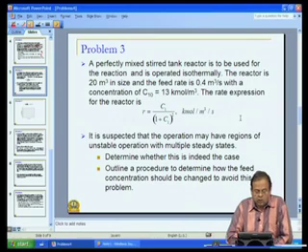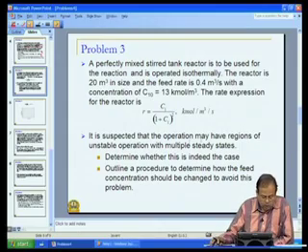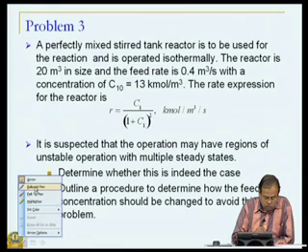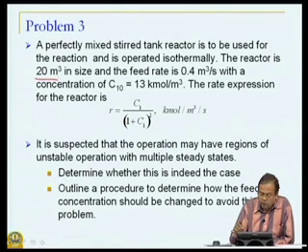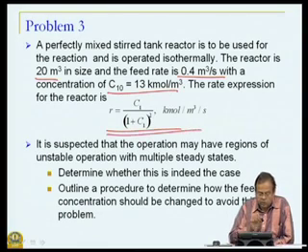That is, a perfectly mixed stirred tank reactor is to be used for a reaction and is operated isothermally. So, no temperature variations. The reactor volume is given. So, let us highlight the information that is given. The flow rate is given, the inlet concentration is given, and the rate expression is given.